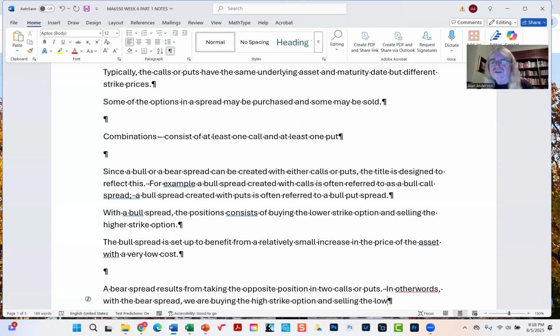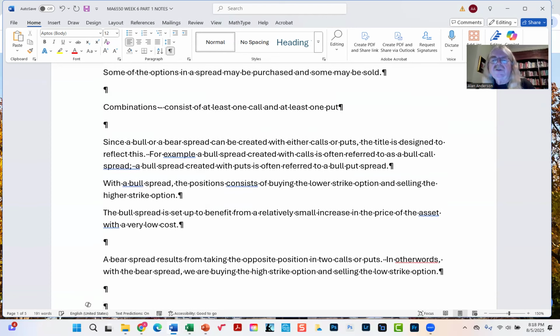And that's how we're reversing it. So we're actually expressing our view that the opposite will happen, meaning that we think the price will go down, not up. Right? So we did exactly the opposite. We bought the high strike option and sold the low strike option.